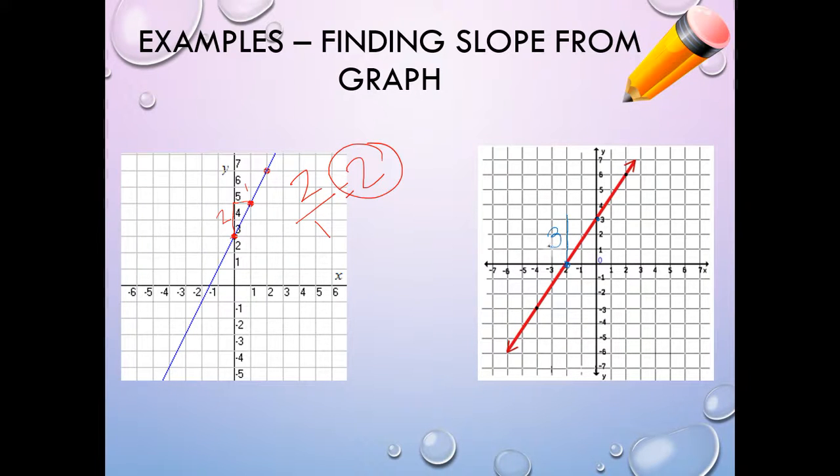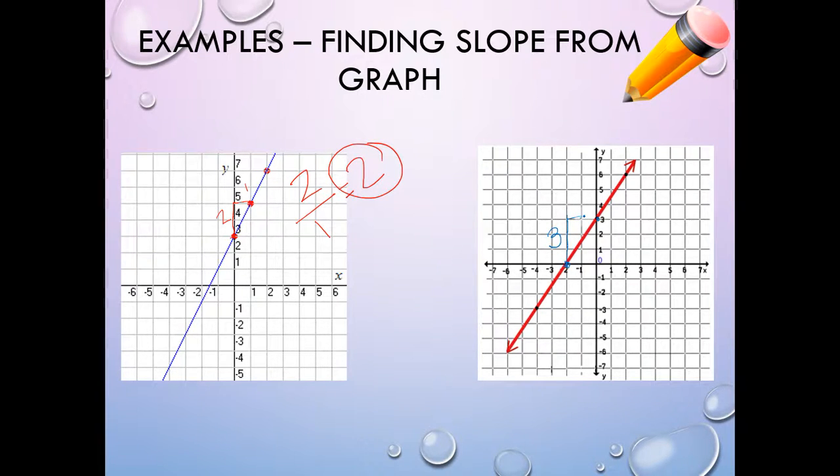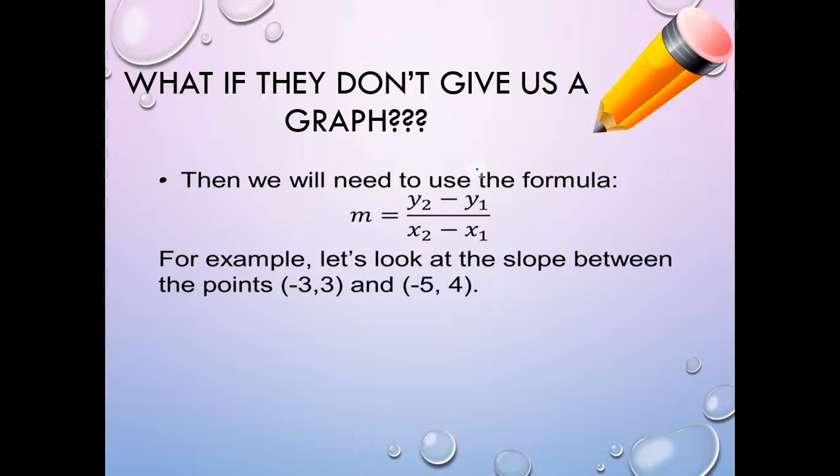So I went up 3. Now I'm going to run over 1, 2. I'm going to run 2. So rise over run gives me 3 over 2, which can't simplify. Now, make sure you leave slope as fractions and not decimals. That's for a later section.